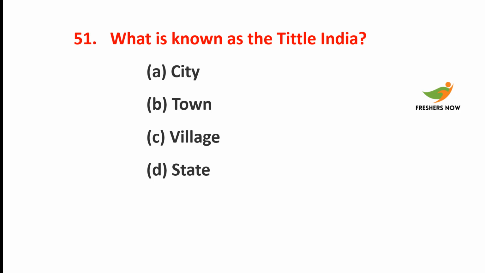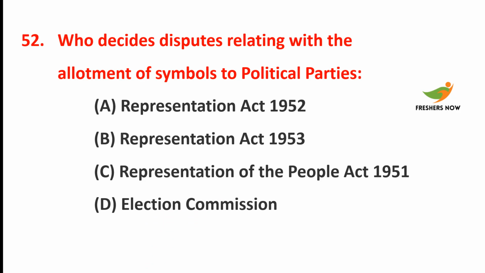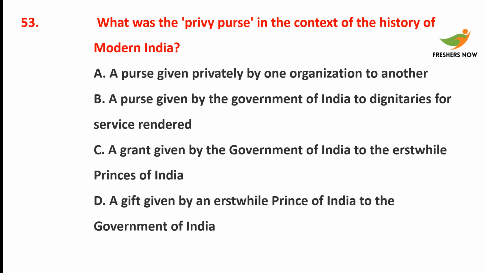51st question. What is known as Title India? And the answer is C, village. 52nd question. Who decides disputes relating with the allotment of symbols to political parties? And the answer is D, Election Commission. 53rd question.